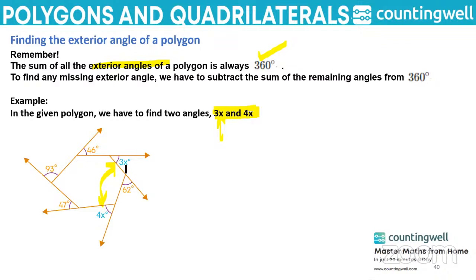So here the unknown x can be found by subtracting the sum of the remaining angles from 360. So in this case, you will find the value of x, and then substituting the value of x, you can find 3x and 4x.